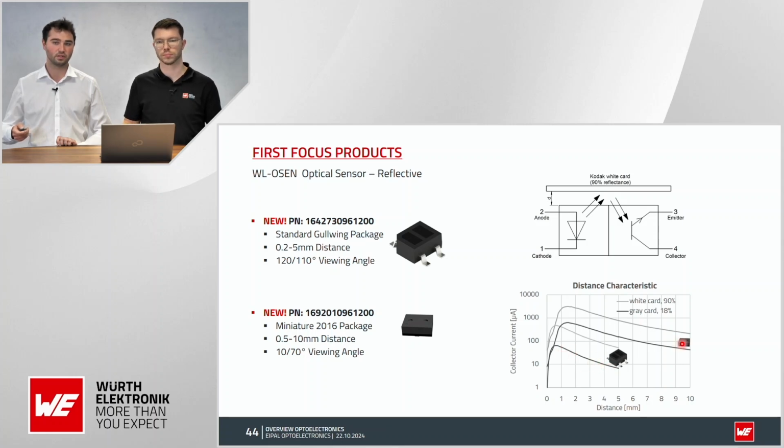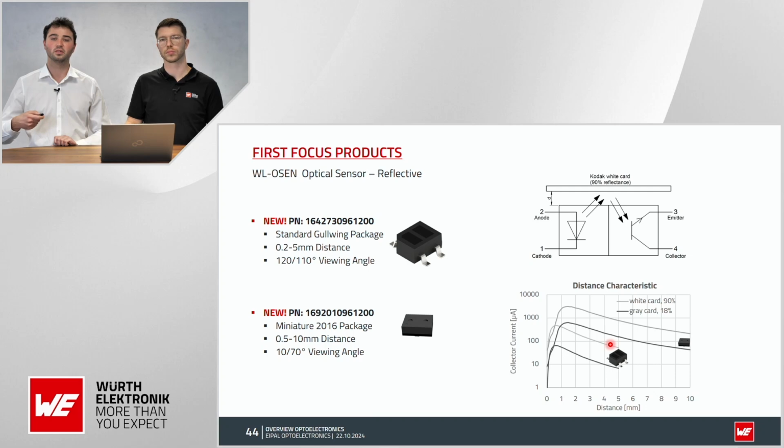On the other hand, this kind of component has a smaller viewing angle, so it can basically look further away. You can detect up to 10 millimeters, where you have only 10% of the maximum value.